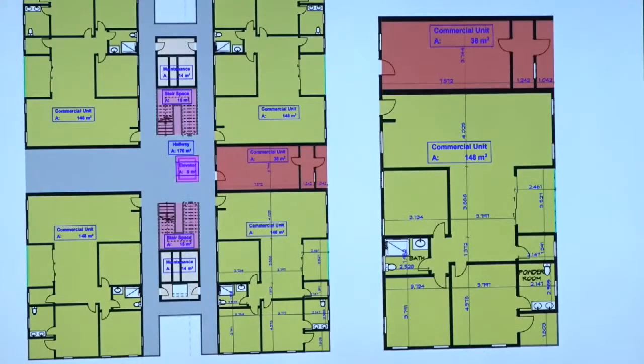Okay, this, we have, this is what, 2-bedroom?